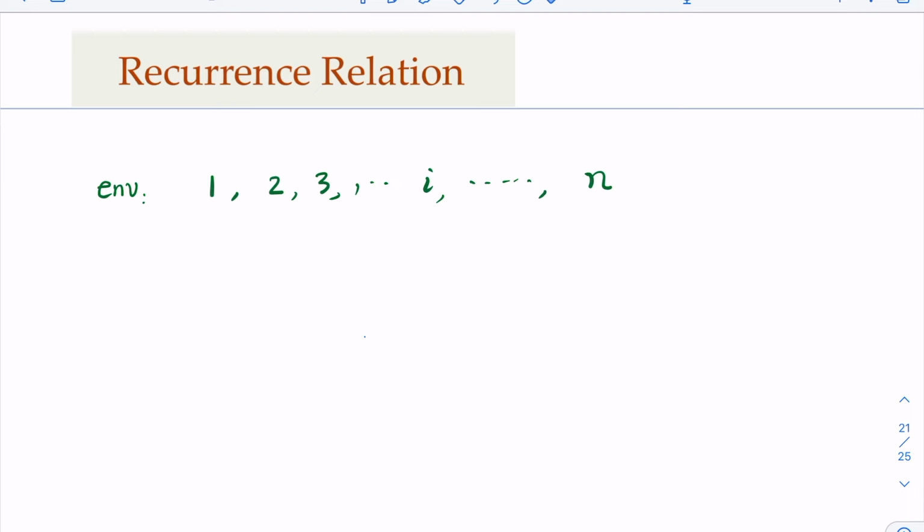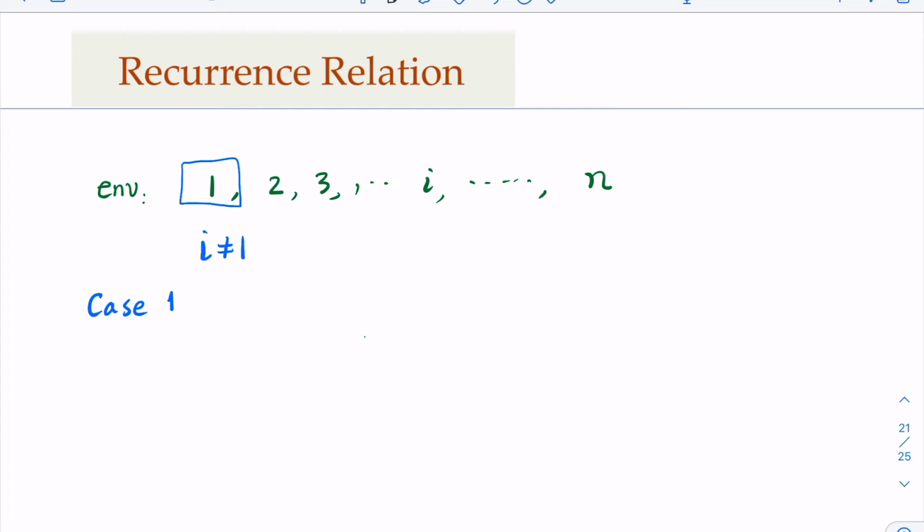Now assume in this case that envelope number 1 cannot contain letter 1. It must contain letter i, where i is not equal to 1. So how about the other envelopes and letters?